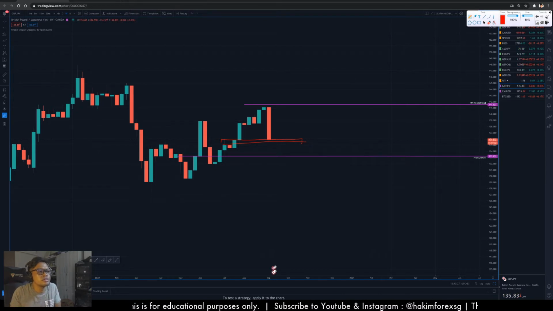So one potential outcome is to go test 132.000, or it might just create a support here, or it gets a price reversal to go for the upside at 141527.